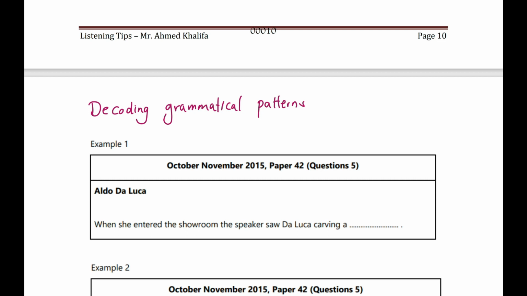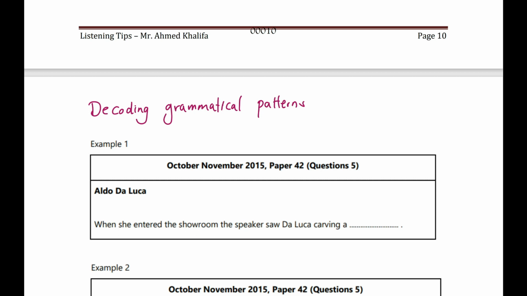What is decoding grammatical patterns, let us say here? It is being able, as a student, to identify the tenses used or the use of certain language structures, such as articles like a, an, the, when formulating a question, and predicting, let us say, the components of a grammatical pattern.